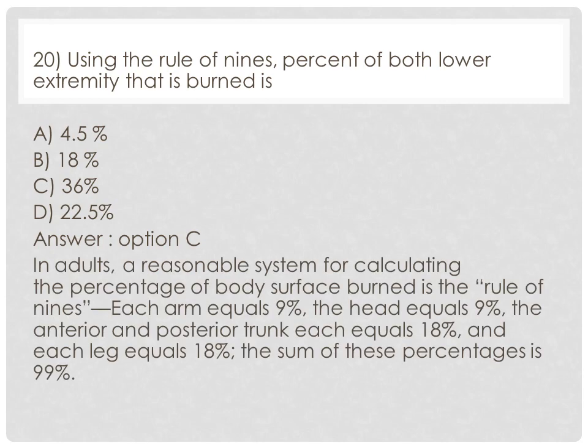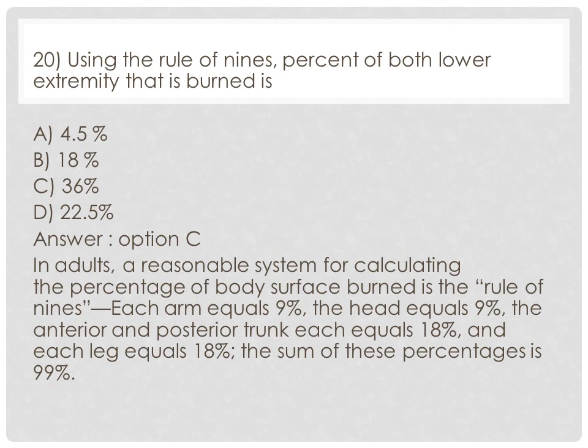We'll see. In adults, a reasonable system for calculating the percentage of body surface burned is called the rule of 9s. According to this rule, each arm equals 9%, head equals 9%, anterior and posterior trunk equals 18% each, and each leg equals 18%. The sum of these percentages is 99%.